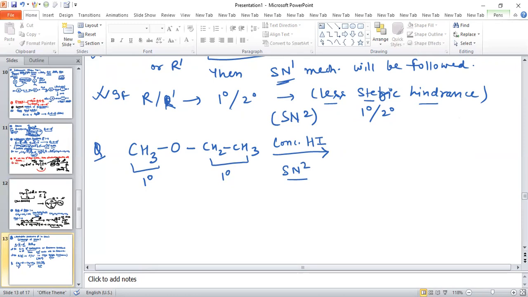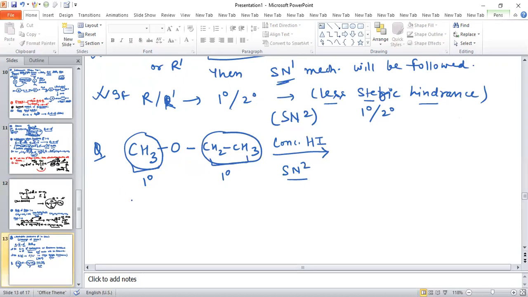Now see how the reaction will take place. This CH3 has only one carbon and this CH2CH3 has two carbons.